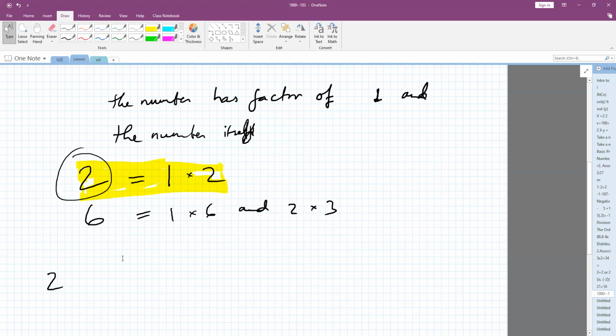Therefore, if you have 1 times 1, that's the number itself. I need to find a better explanation for why 1 is not a prime number, but it's an interesting question.